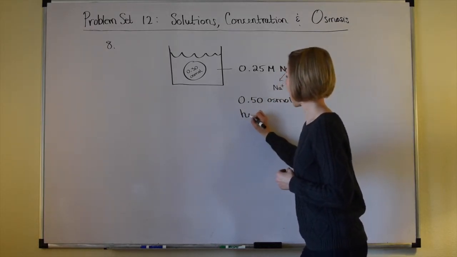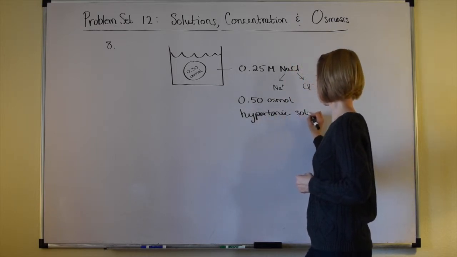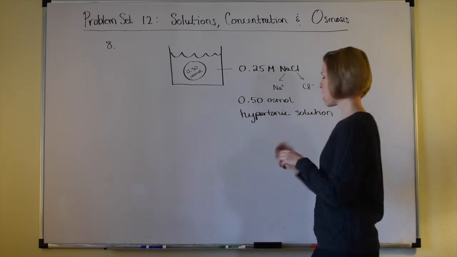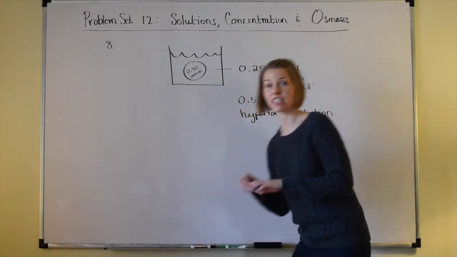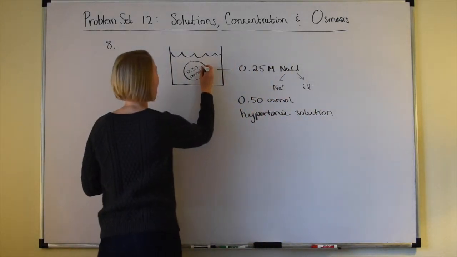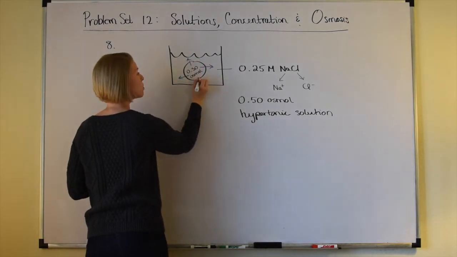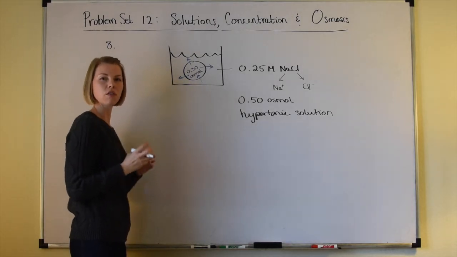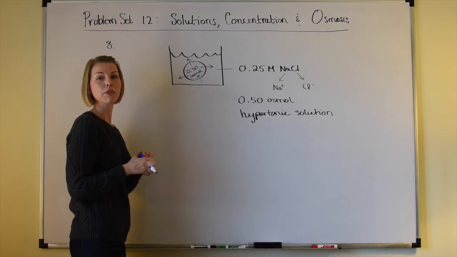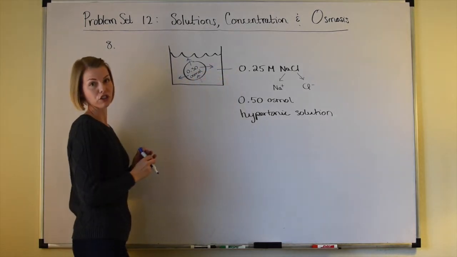So it is a hypertonic solution, meaning that we're going to have a net flow of solvent out of the red blood cell. There will be solvent moving in as well, but there will be more solvent moving out. Remember that the solvent will always flow from the region of lower solute concentration to the region of higher solute concentration.